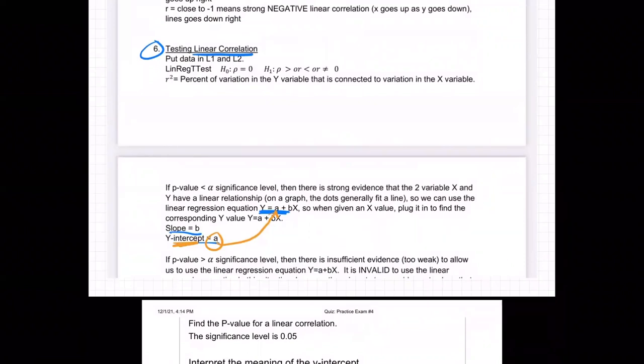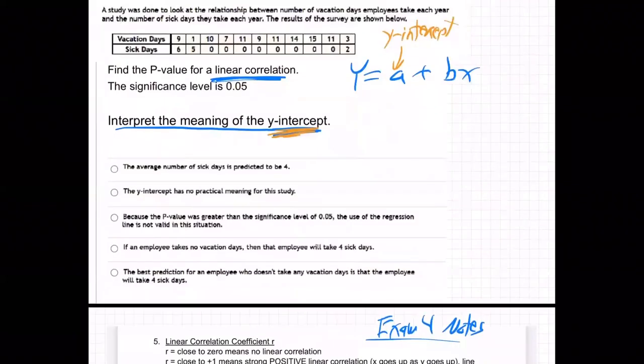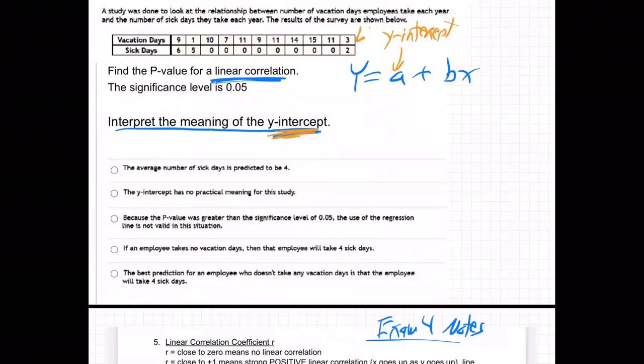So let's do it. So first off, put the data in L1 and L2, then do a linear regression t-test. Probably should have done that first, whatever, it doesn't matter. So this is going to be L1, L2. Put those in your calculator. I'm going to do it right now.